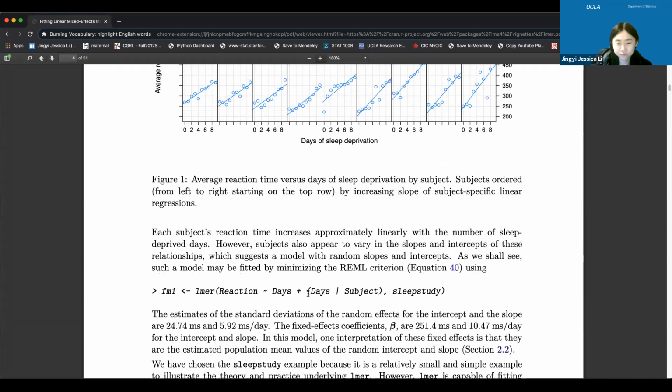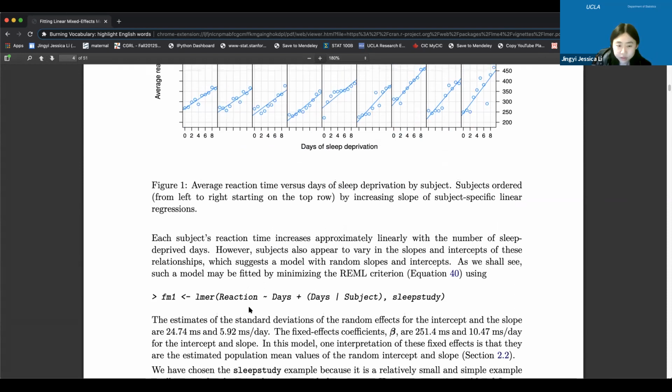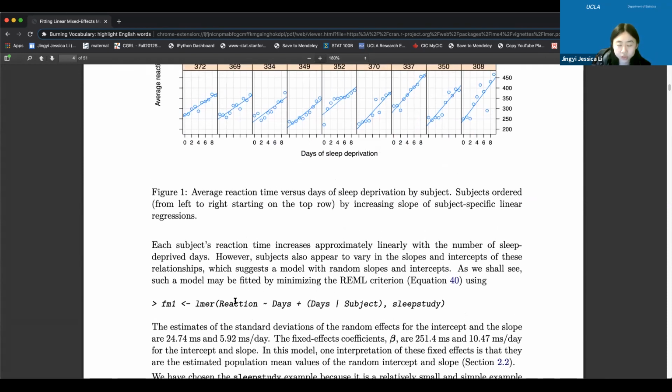So the formula looks like this. Reaction is your response variable, and your predictor is days. This is the fixed effect. To add a random effect within each subject, you put days conditioning on subject in parentheses. Here, sleepstudy is just the data frame name.